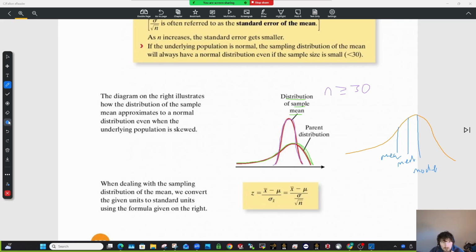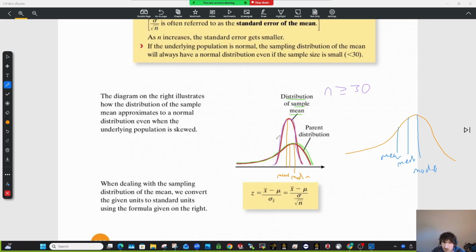So look at where they're putting the center of this guy here. They're not putting it at the tallest part, which is where the mode goes. They're putting it out here where the mean goes, and in the middle of that there would be the median, as you see there. So hopefully I'm revising a lot of things for people there. You've got to make your flashcards on that, and hopefully you learned something from that there.